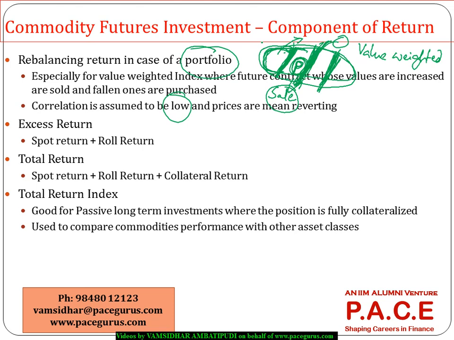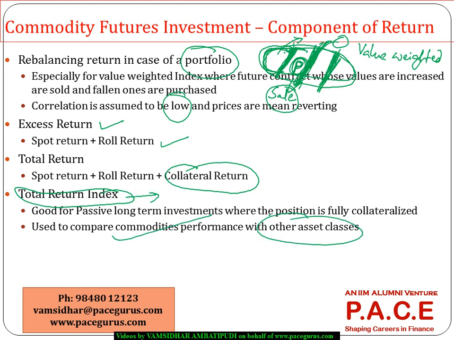As I have already said, for an individual commodity, when I look at only excess return, the focus is on spot return and the rollover return, whereas when we look at the total return, we even include the collateral return. So the total return index should be used for comparing commodities' performance with other asset classes, because we have to look at the commodity as a fully collateralized position, wherein the cash is actually invested to earn some interest, and whatever the commodity is earning, everything contributes to the total return on the commodity.